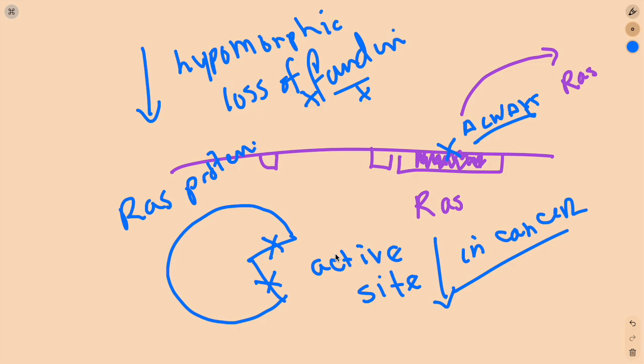Yeah? And so it's really interesting to say that the mutations in RAS, when you see it in cancer, are decreasing its activity, but increasing the cell cycle. So what's the deal there?